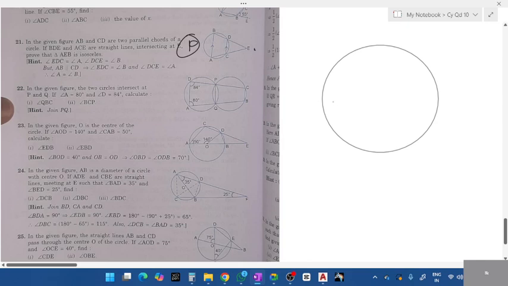See, diameter is given. Read the question. Center is given. Diameter. Consider AOB as the diameter.